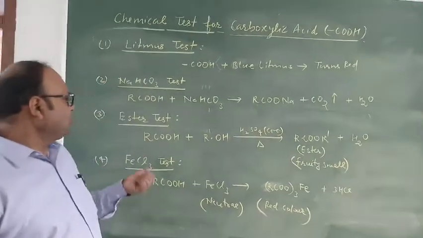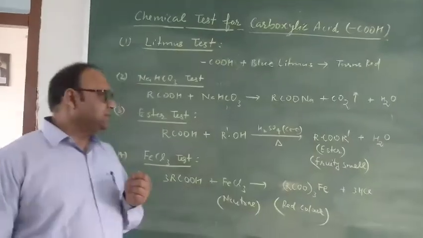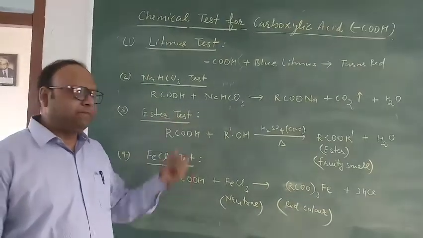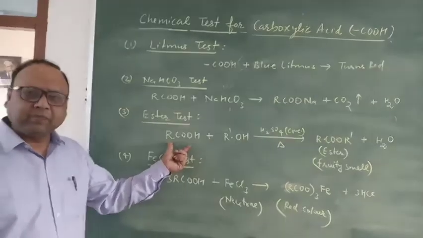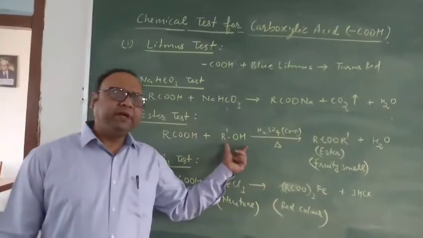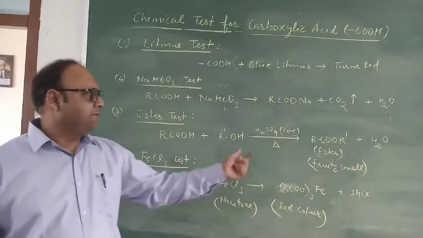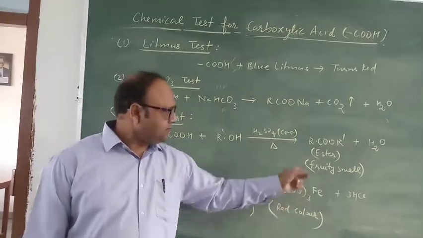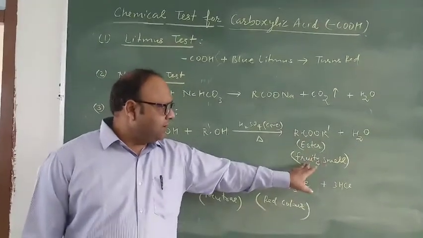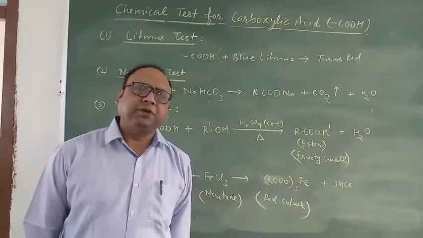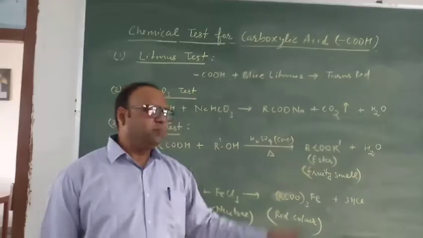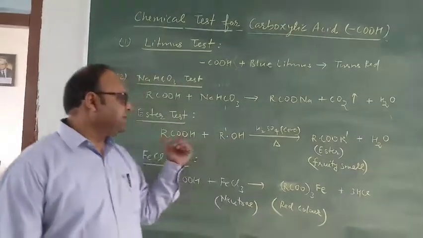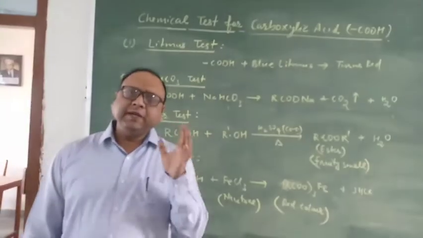Now the two confirmatory tests of the carboxylic acids: first is the ester test. When 1 ml of carboxylic acid solution is treated with 1 ml of ethanol and a few drops of concentrated H2SO4 and warmed, you get a fruity smell due to the formation of ester. Ester formation confirms the carboxylic compound.